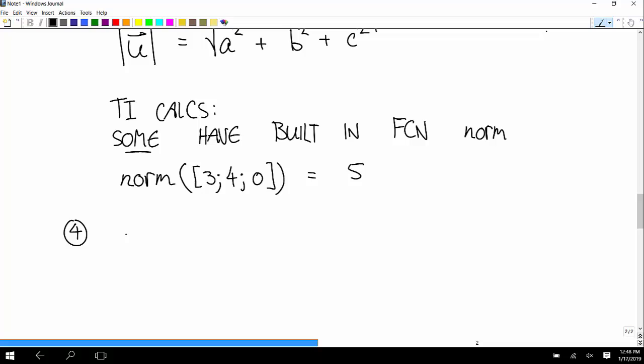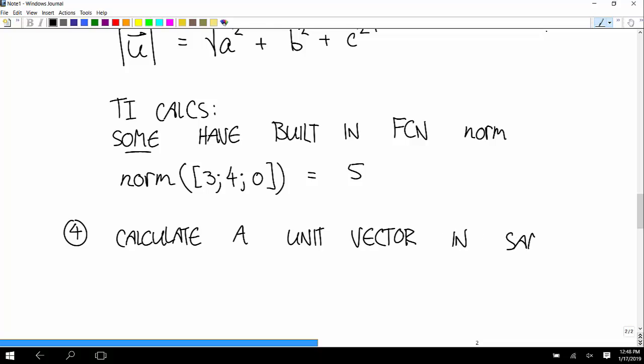So, calculate a unit vector that's in the same direction as an input vector.